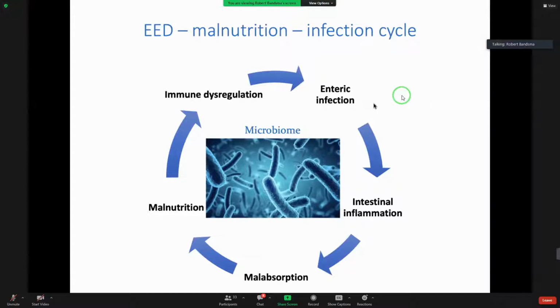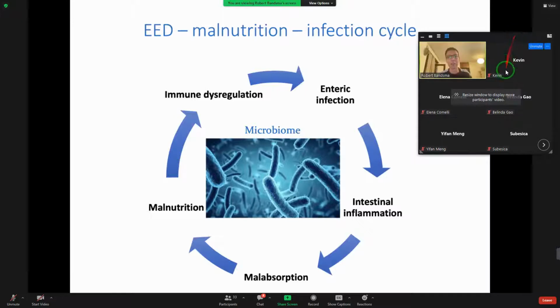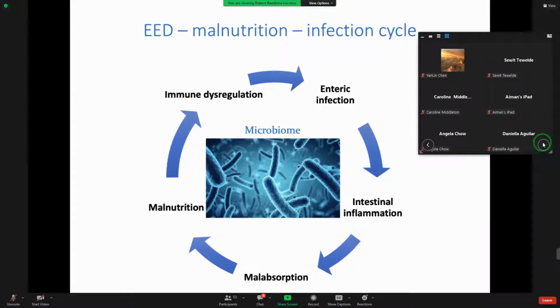In many very low resource settings, you have livestock, chickens, roaming around the house and sometimes in the house, and they poop. If you have infants who crawl around on the ground around the house or the hut, they get exposed to the poop of the chicken or other livestock, and thereby can develop enteric infections.